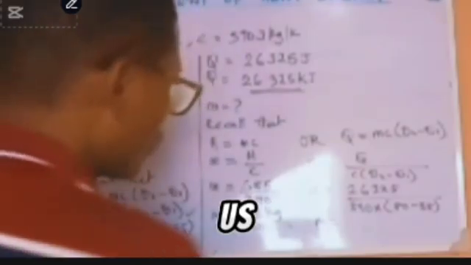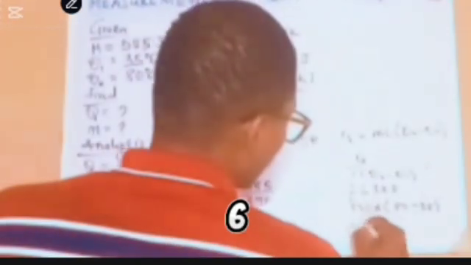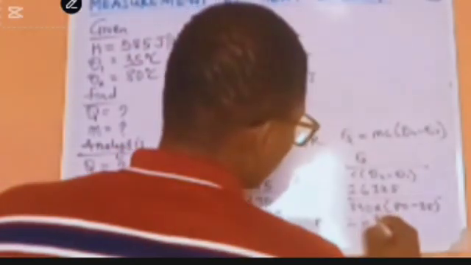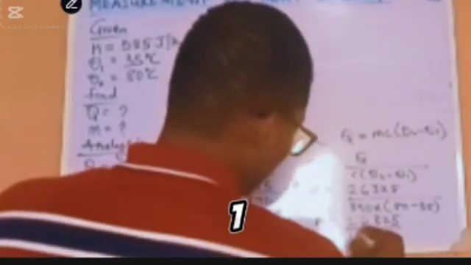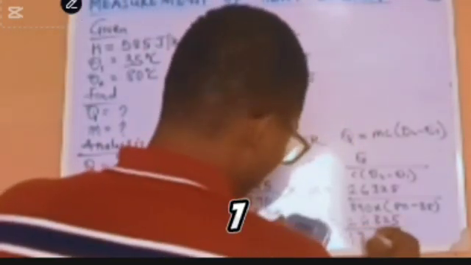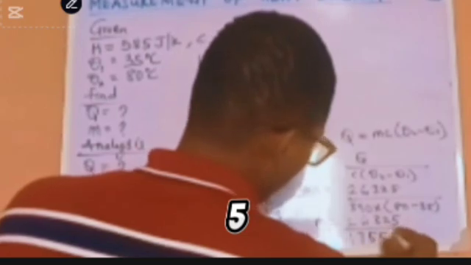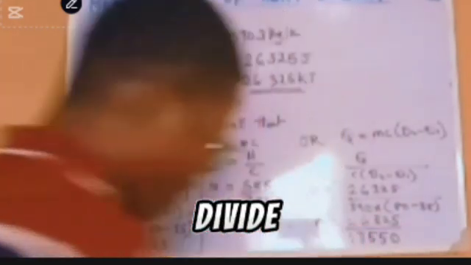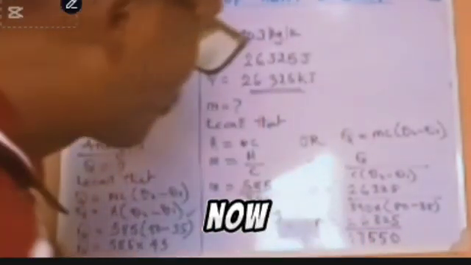That will give us 26325 divided by 17550. So let's divide this now. 26325 divided by 17550.